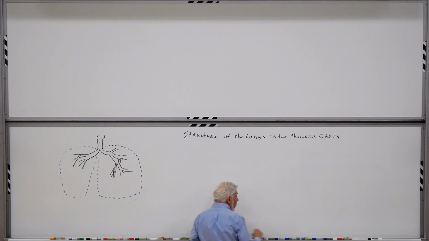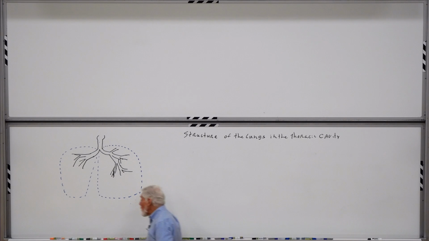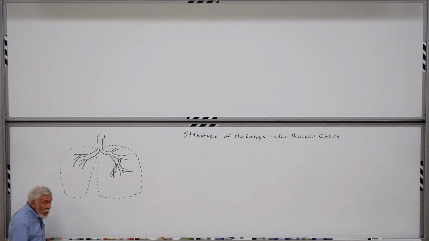Now, you'll remember that when we talked about the way the heart fitted in the thoracic cavity, we said that there was a lining of mesothelial cells attached to the wall of the heart and another lining of mesothelial cells attached to the body wall. And those two then made up the pericardial sac.